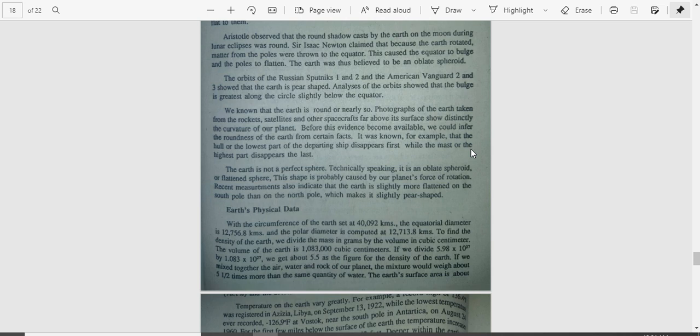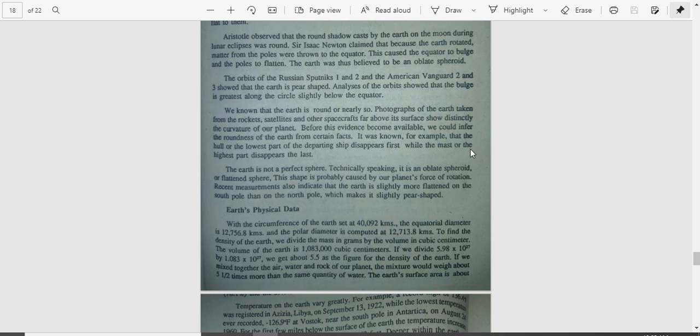The orbits of the Russian Sputnik 1 and 2, and also the American Vanguard 2 and 3, showed that the Earth is pear-shaped. Analysis of these orbits showed that the bulge is greatest along the circle slightly below the equator.